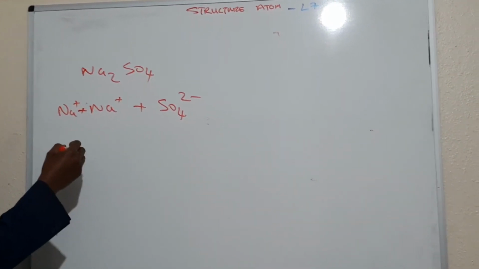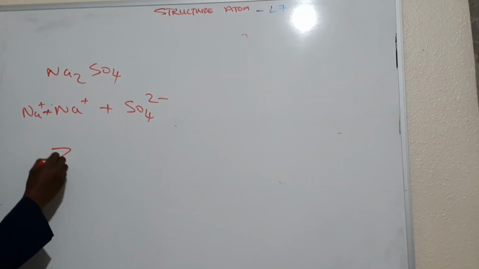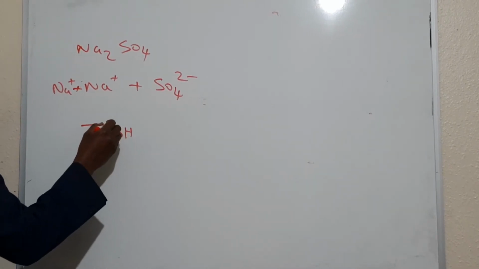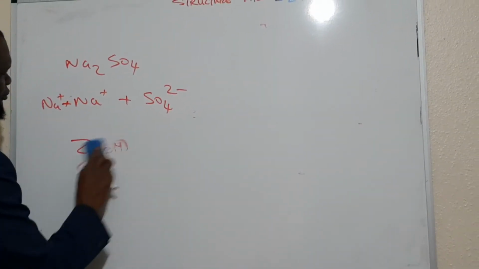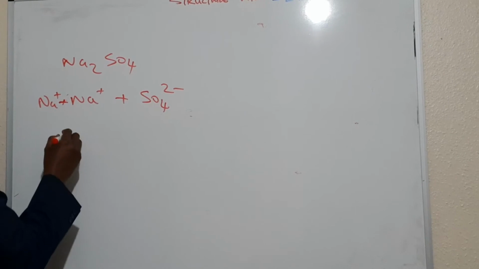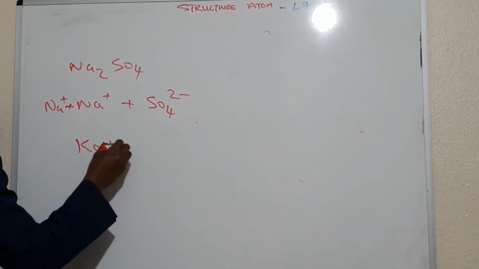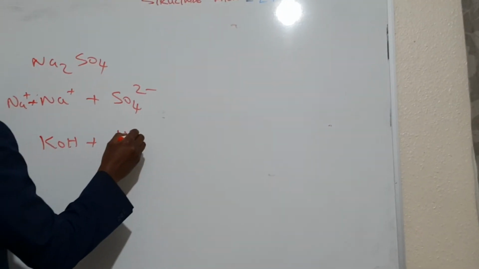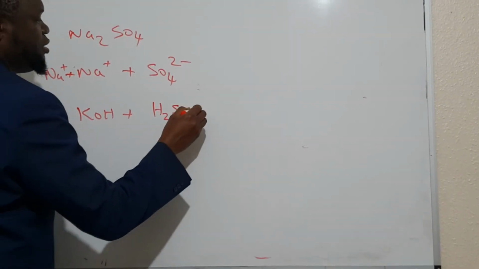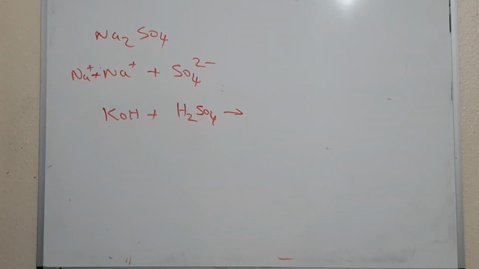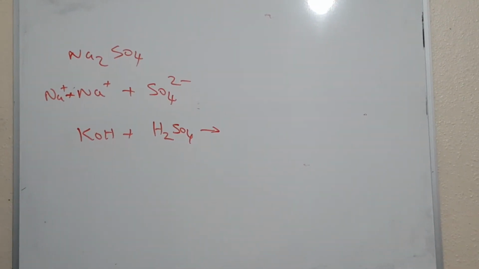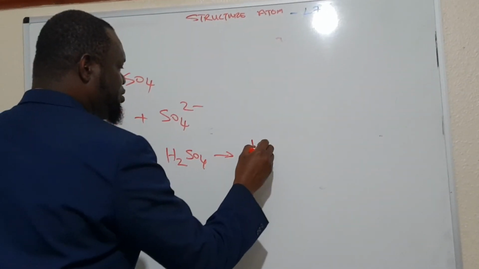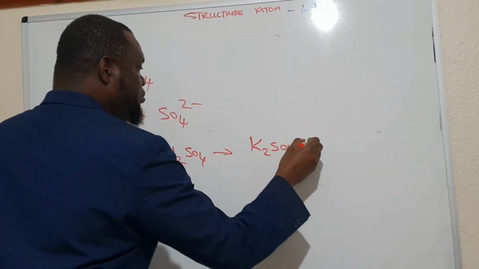When I give you potassium hydroxide plus sulfuric acid, in the neutralization reaction you always have a salt and water. So this will be potassium sulfate plus H2O.